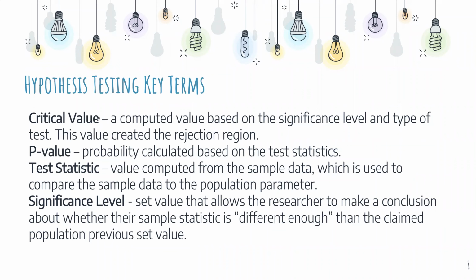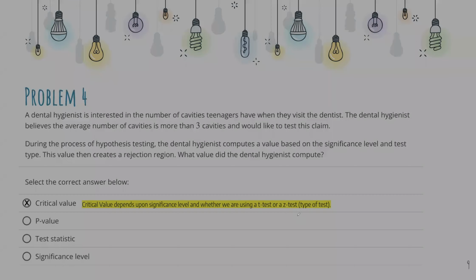If we use the p-value approach, we compare the significance level with the p-value. The significance level is a value that is set ahead of time that allows the researcher to make a conclusion about whether their sample statistic is different enough from the claimed, previously set population value. We'll continue mentioning all of these words as we move forward.